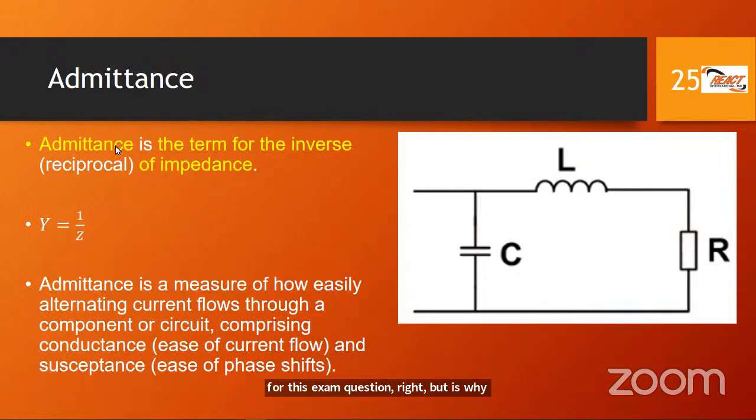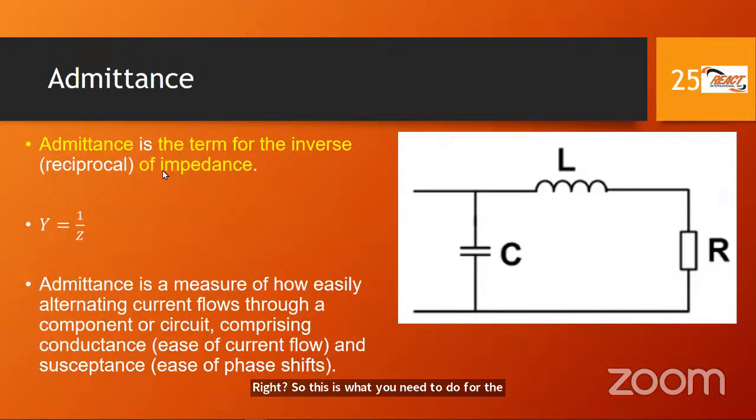Admittance is not a very often used term, but we have it in our exam. So you just need to know for the exam that admittance is the inverse or the reciprocal of impedance. That's the exam question right there. And just for extra information, Y is equal to 1 over Z. That's what reciprocal or inverse means, Z to the power of minus 1. So this is what you need to know for the exam.